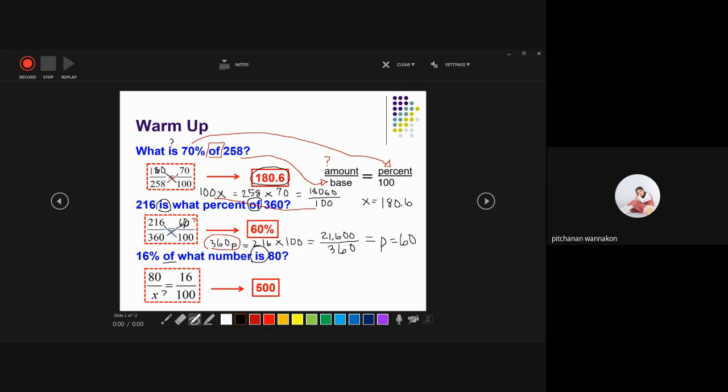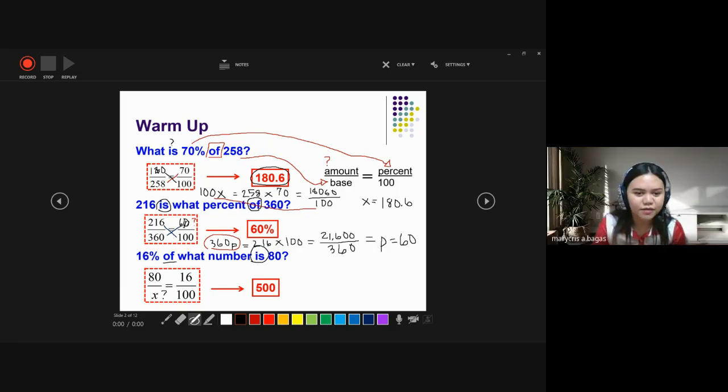Teacher, number 3 is wrong. Why? Wrong? Is it wrong?